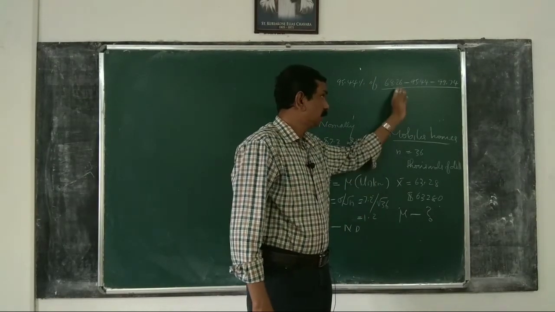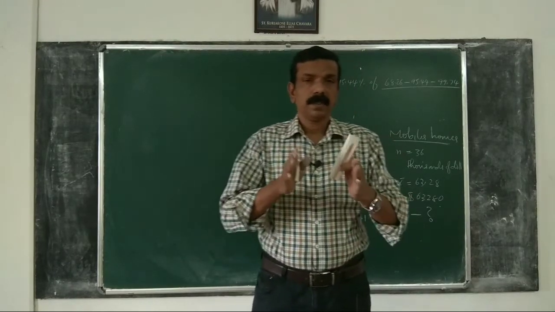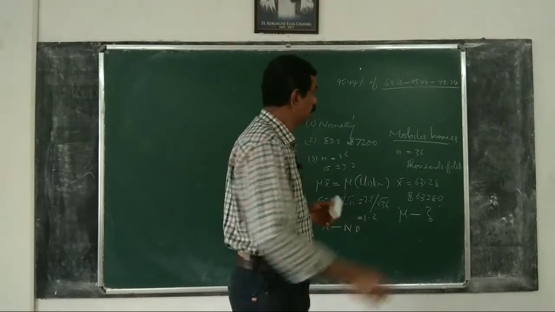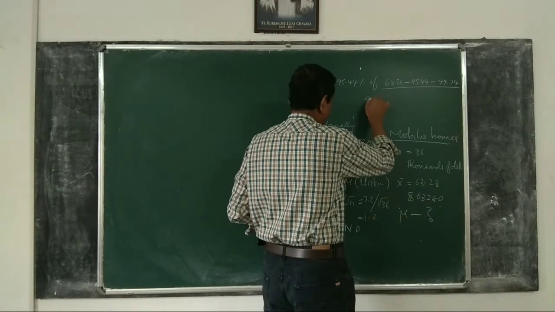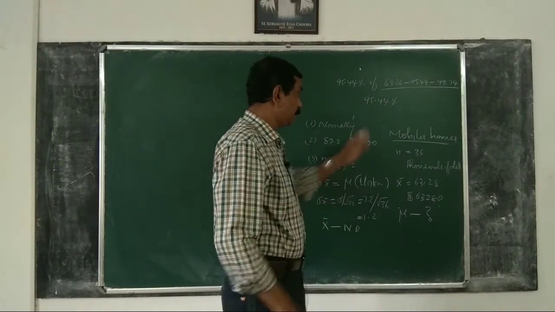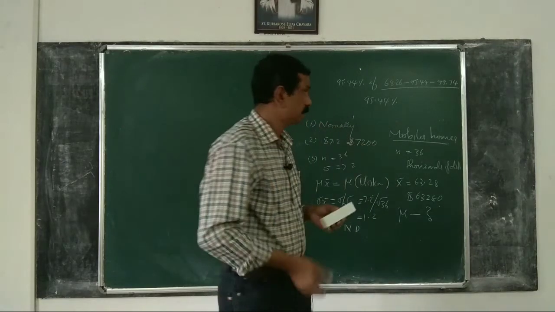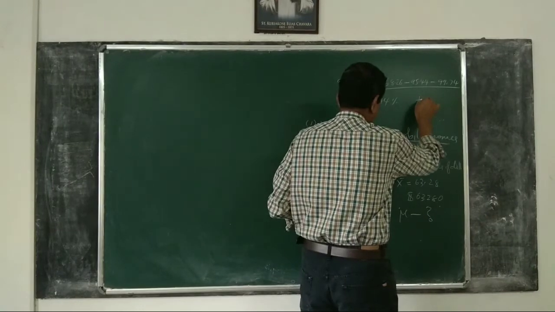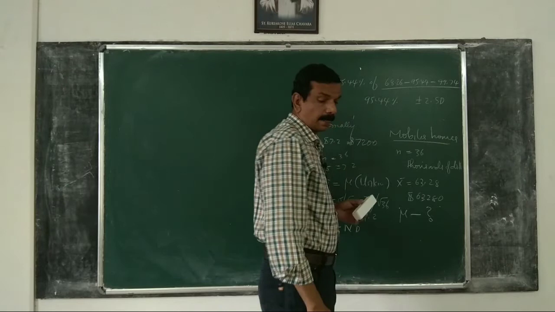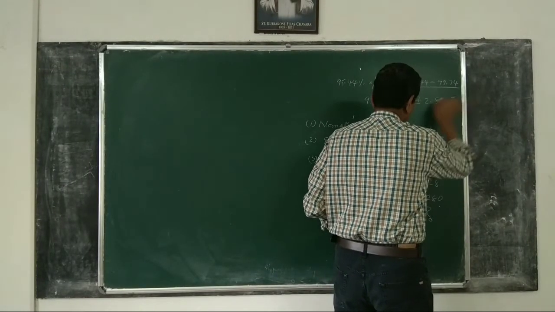95.44% of this rule states that for a normally distributed variable, 95.44% of all the possible observations lie between plus or minus 2 standard deviations of the mean X bar.